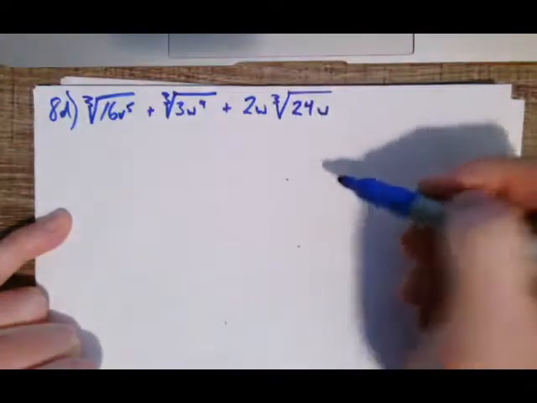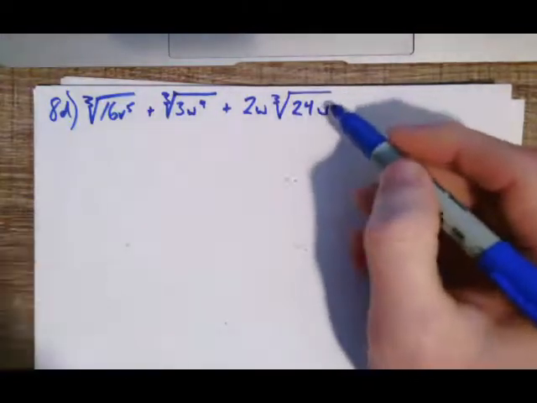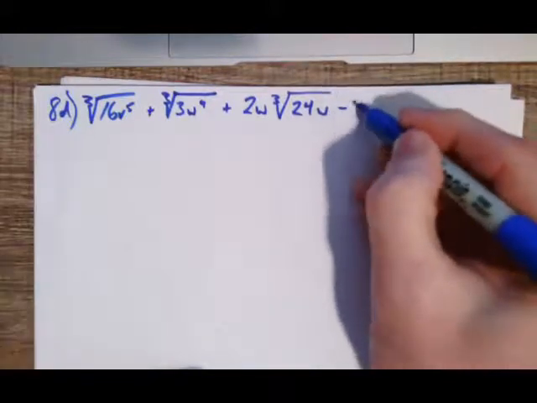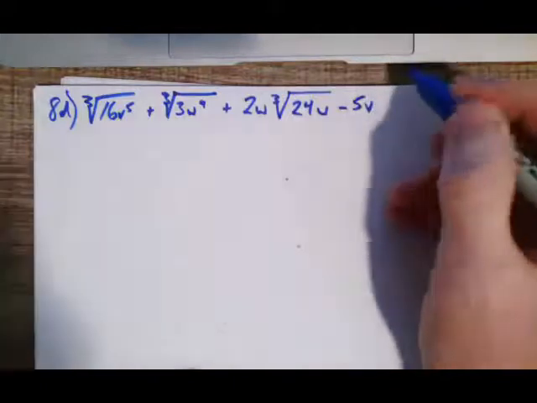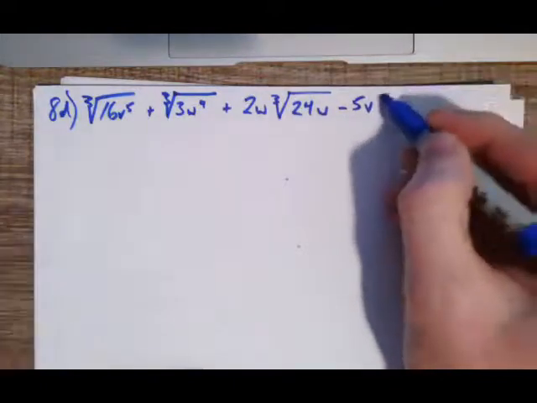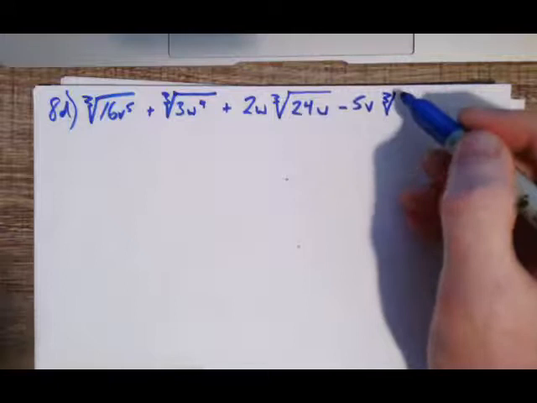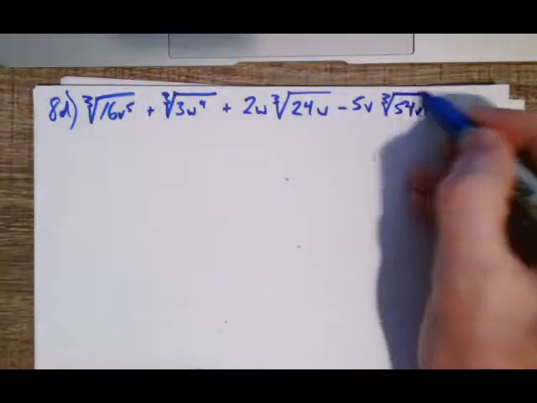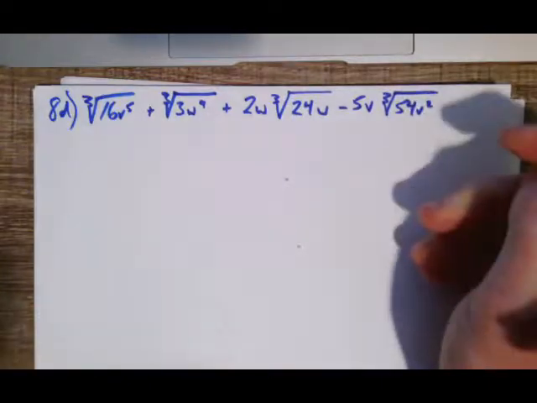Is this all on the screen? Yep. Minus 5v cube root 54v squared, v and w elements of the reals.